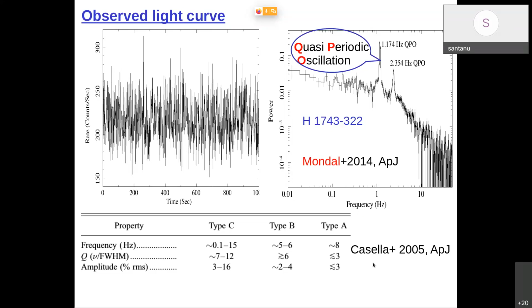These QPOs can be classified depending on the shape of the QPO frequency profile. One can say type A, B, and C QPOs. For example, 0 to 15 Hertz QPOs can be considered type C if the full width half maximum and RMS values satisfy this range. So in our talk, I will mostly explain type C QPOs.